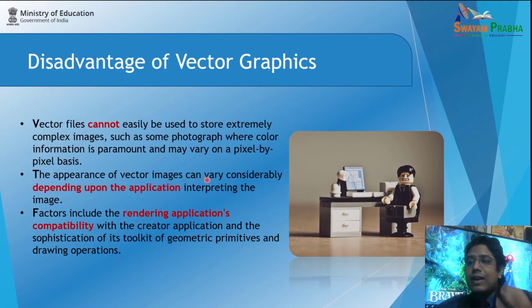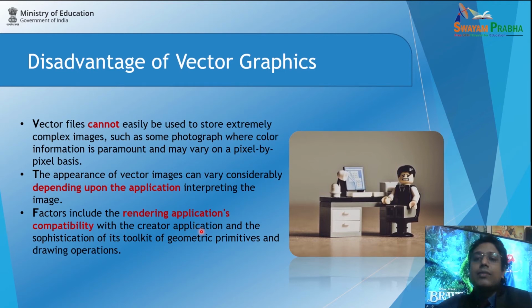That's why we had mentioned here: the appearance of a vector image can vary considerably depending upon the application interpreting the image, and second, factors including the rendering application, compatibility with the creator application, and the sophistication of its toolkit of geometric primitives and drawing operations, right? So it totally depends on our drawing operations and the compatibility with the rendering application.